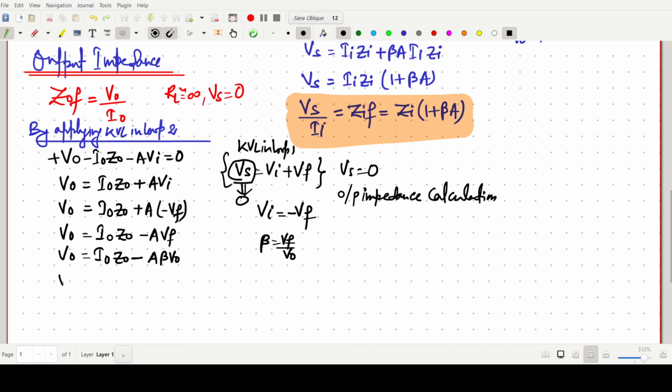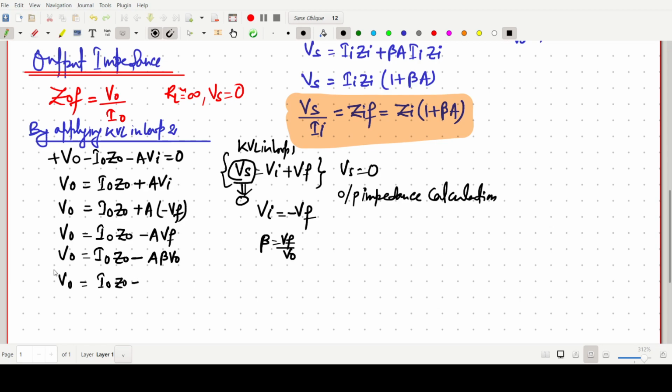Now V naught equals I naught Z naught minus A beta V naught. Okay, A beta V naught is there.